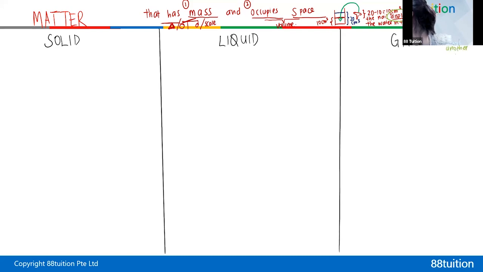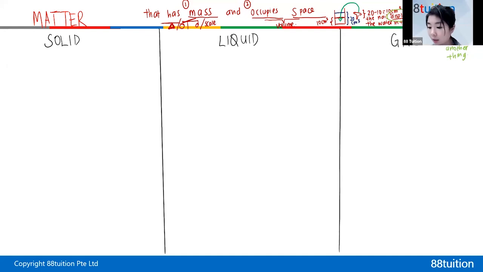So for example, if you are now sitting on the chair, and maybe I come over and push you off the chair, and then I sit on the chair, that is me displacing you off the chair. So anything that occupies space can displace the object that was previously in that position. Do you understand? Good. Yes.